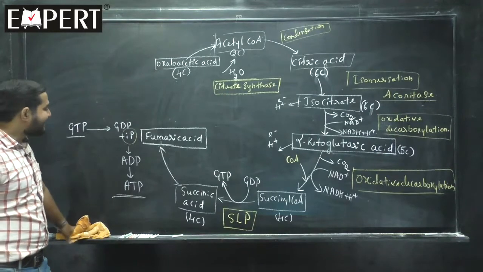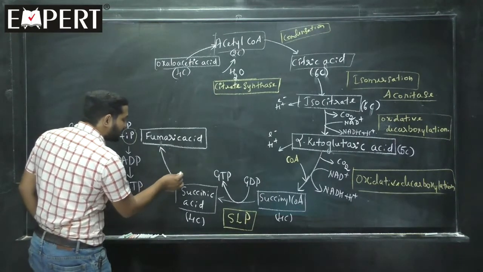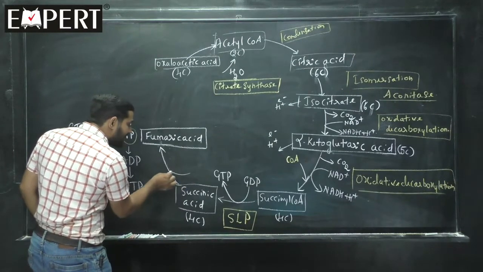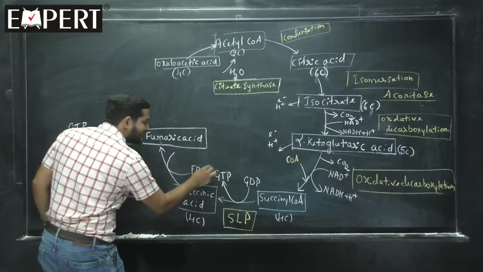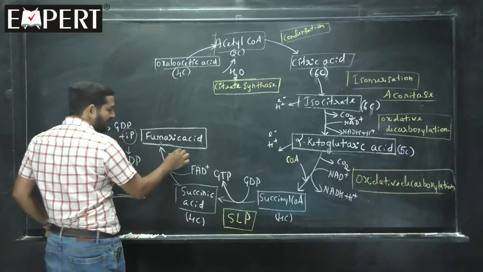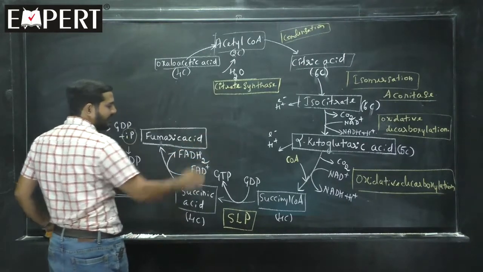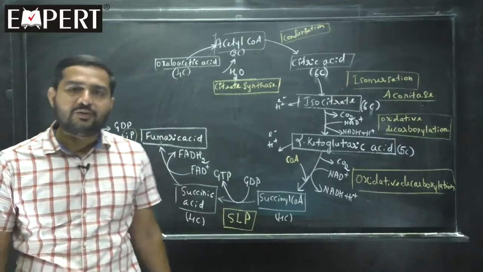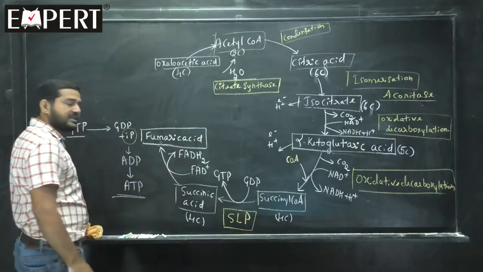The succinic acid becoming fumaric acid is an oxidation step, where FAD plus is going to become FADH2. FAD plus is going to become what? FADH2.